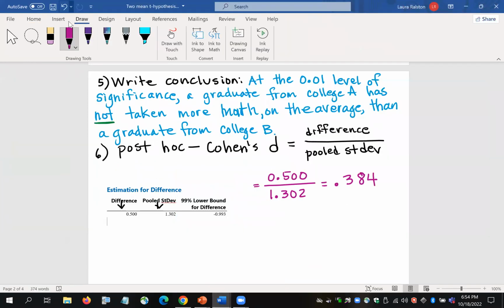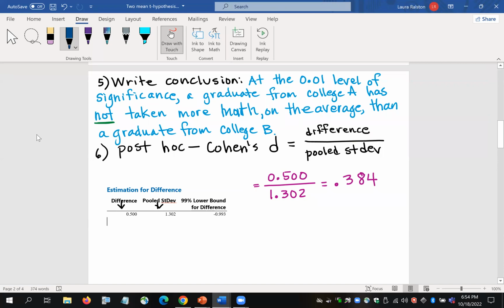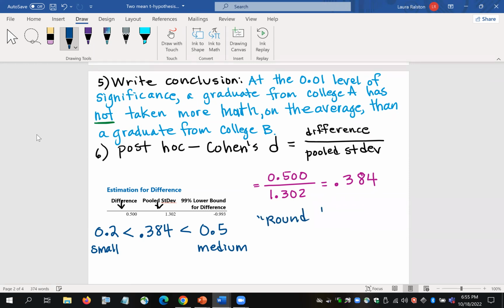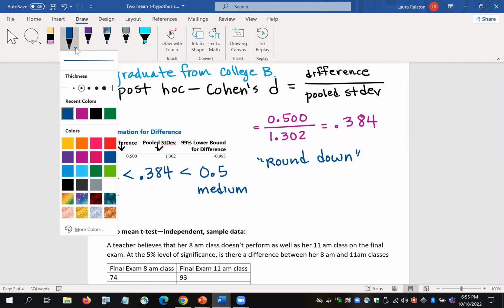So I'm going to make a statement here. 0.384 is between 0.2, which is a small effect, and 0.5, which is a medium effect. We round down. So in this case, there is a small effect.